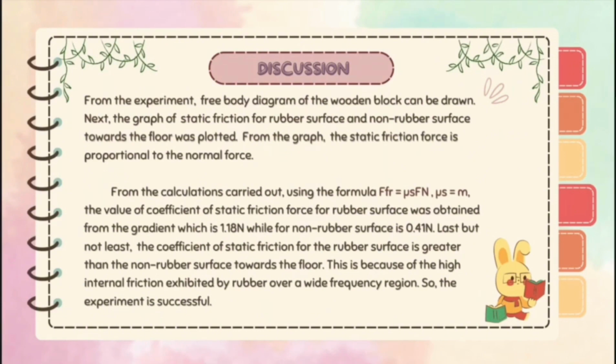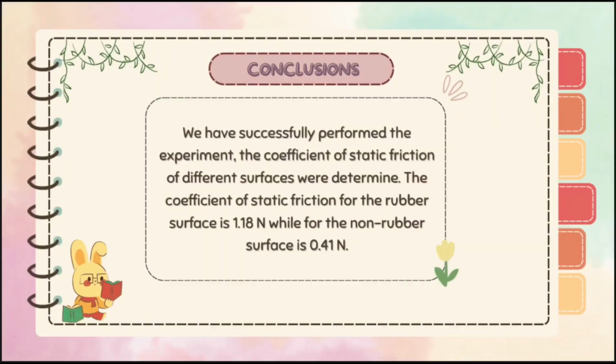Last but not least, the coefficient of static friction for the rubber surface is greater than the non-rubber surface toward the floor. This is because of the high internal friction exhibited by rubber over a wide frequency region, so the experiment is successful. And lastly, conclusion.